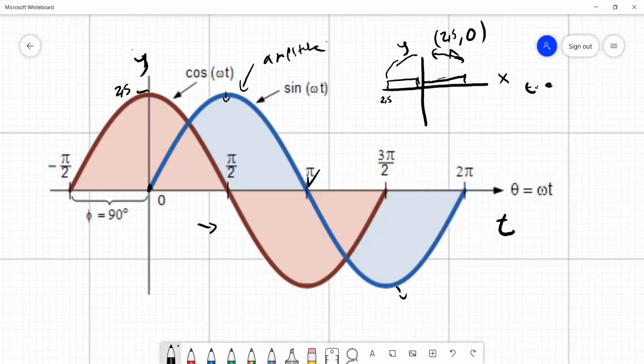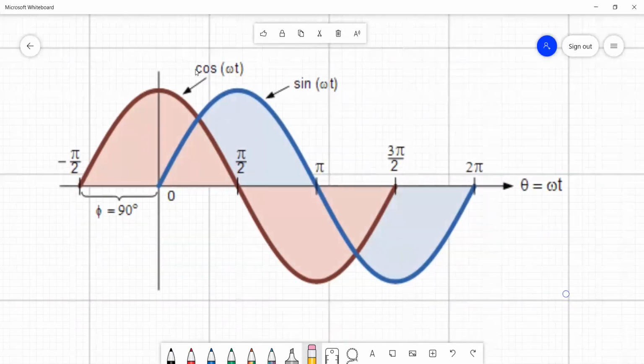So that is this position at pi. And then again, it will go back to give y the max amplitude, but on the opposite axis, and that would be on the graph over here at the negative side. So it will be another 2.5 right over here.